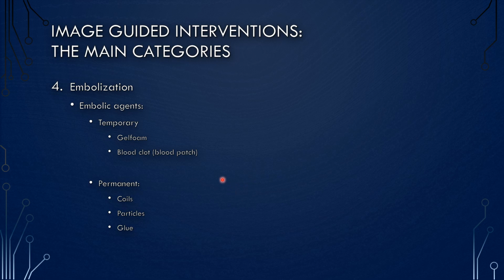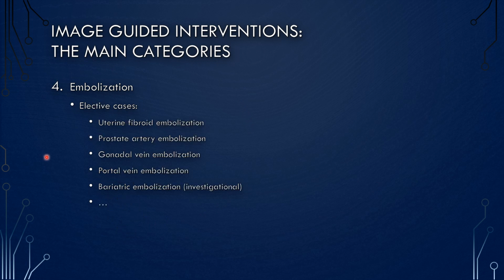Gelfoam, which is basically gelatin sponge, or a blood clot. We just take blood in a syringe out of the patient using the same catheter, wait for it to clot, and inject it back as a temporary agent. Permanent embolization agents include coils, particles, or glue. We will have a look at those later on.